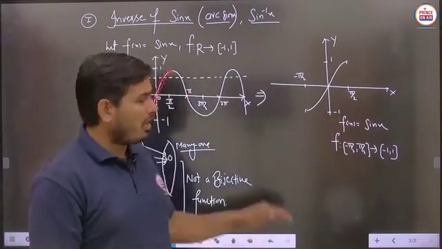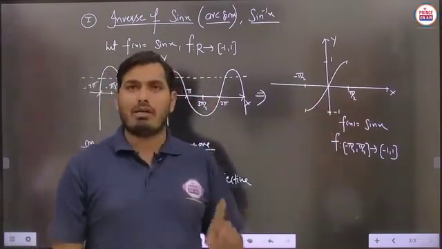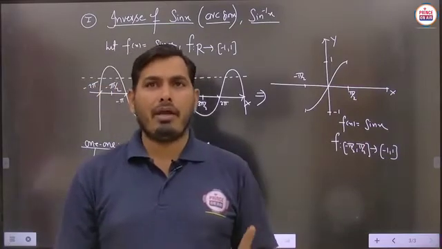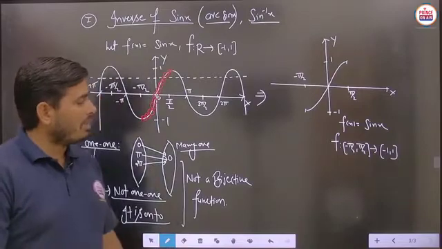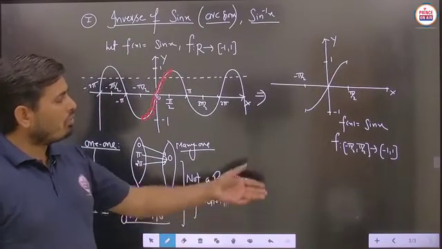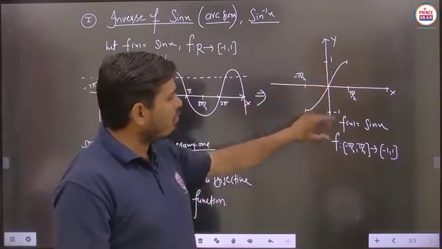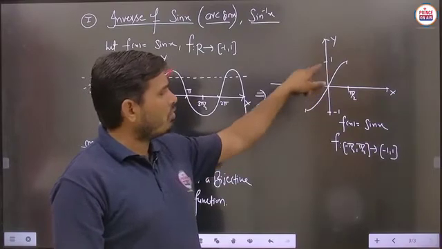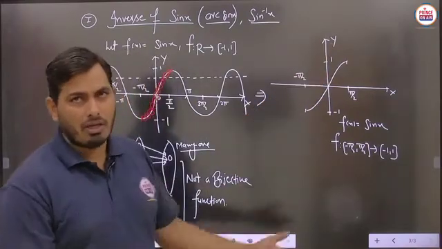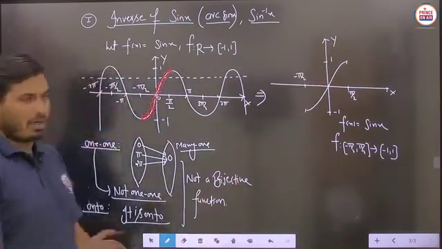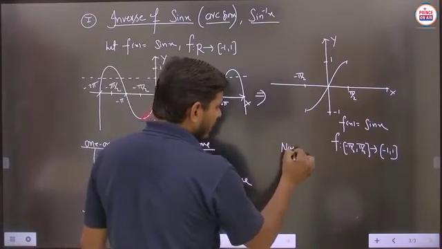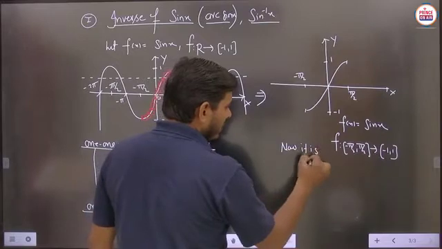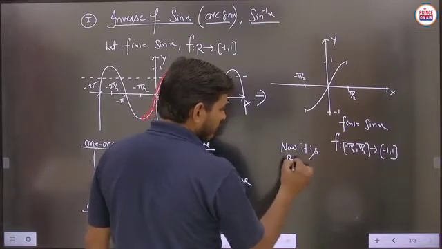Definitely the line parallel to the x axis now intersects exactly at one point, and in that case the function is said to be one-one. And for onto we will check the codomain, minus 1 to 1, definitely all the values are occupied by the graph, so definitely now the function is bijective. Now it is bijective. Is it clear?